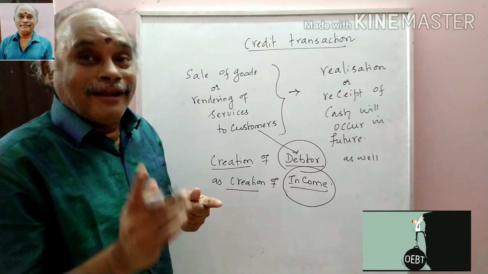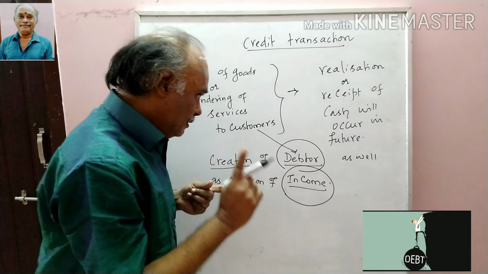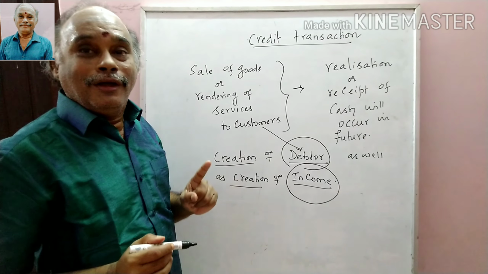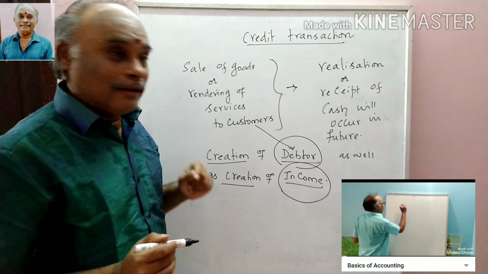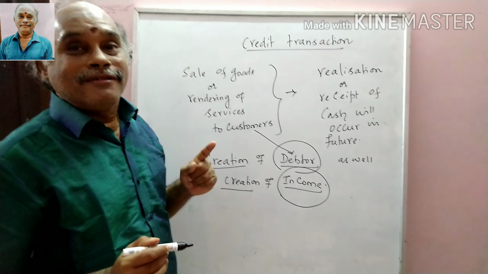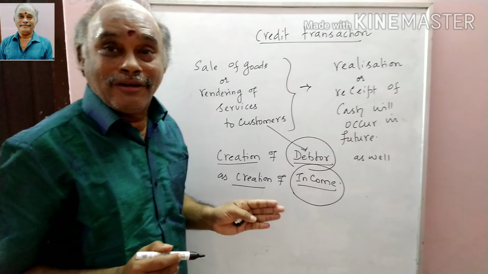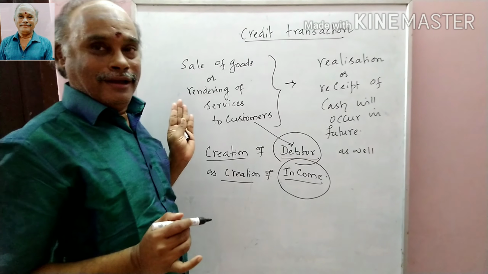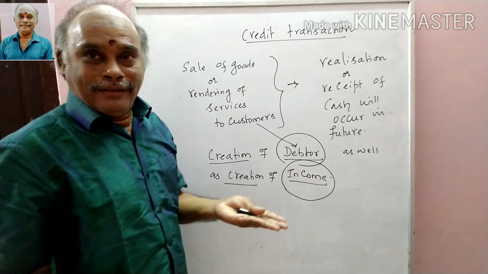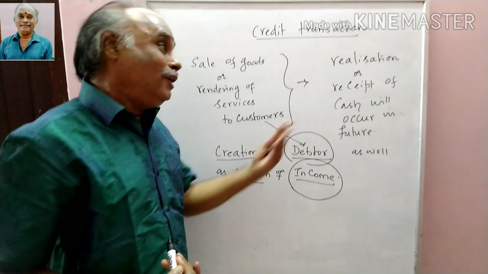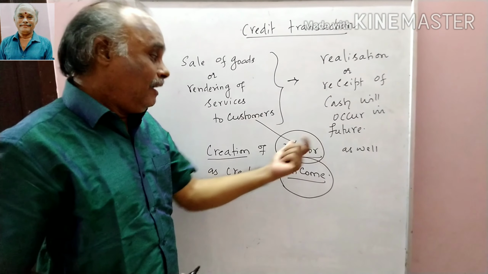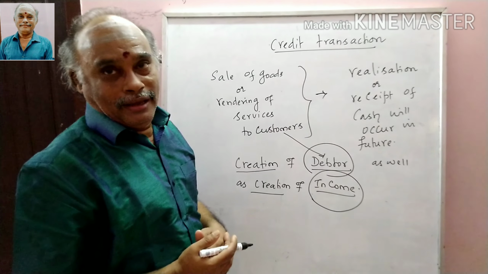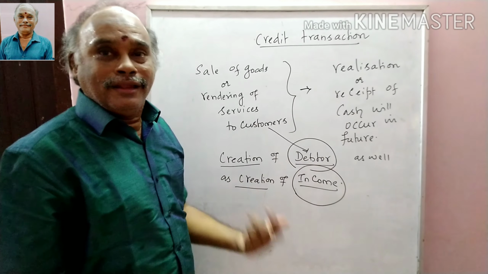That is why I said that in the commercial sense all debtors are bad people. Please understand. You go back to my first video where I started with who is a debtor and who is a creditor. A debtor is a bad person, the reason being this credit transaction. They enjoy the benefits from us now or earlier, but they will give back the reciprocal promise only on a later date, and obviously if they fail to perform their responsibility or the money payment, automatically they will become bad.